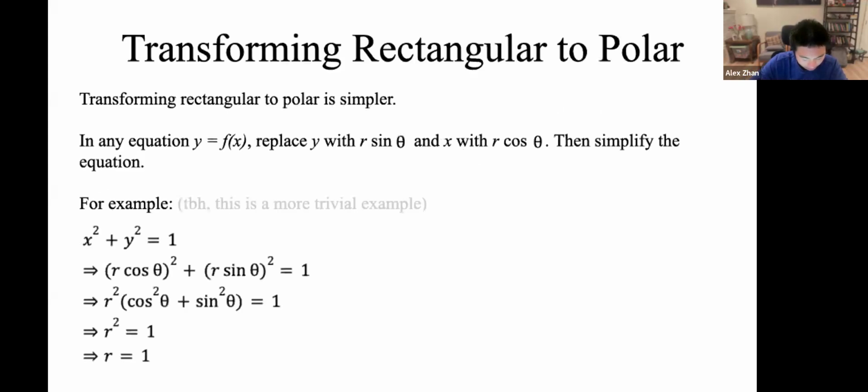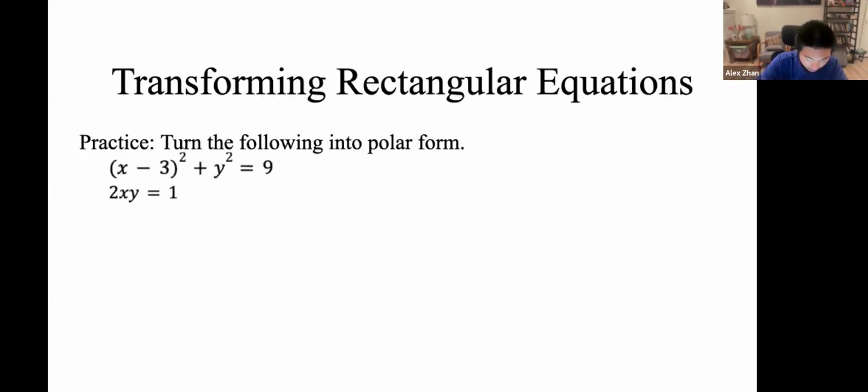Actually, I'll write all the prompts on the same slide. So this is problem 1, this is problem 2. Problem 3 here is 4x squared y equals 1. Problem 4 is y equals -3.